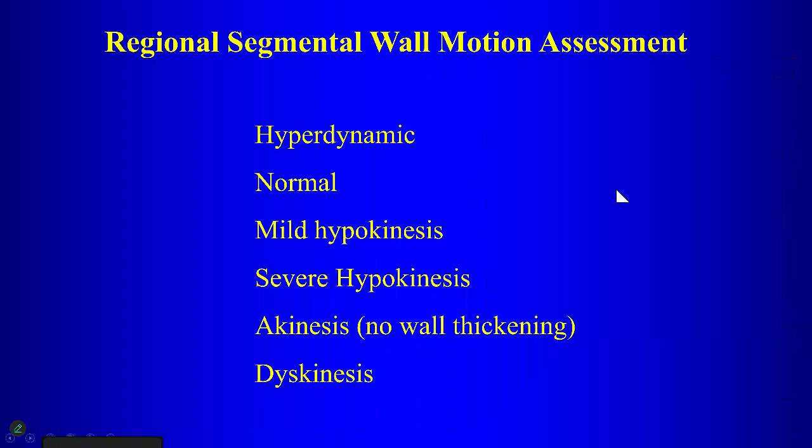Now, when you're judging wall motion, the terms that you'll use: hyperdynamic, normal, mild hypokinesis, severe hypokinesis, akinesis is when you have no wall thickening, and dyskinesis is when the wall actually bulges out during systole. Instead of moving inward, the wall bulges out. What can give you hyperdynamic wall motion?